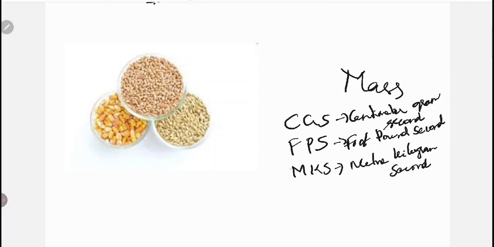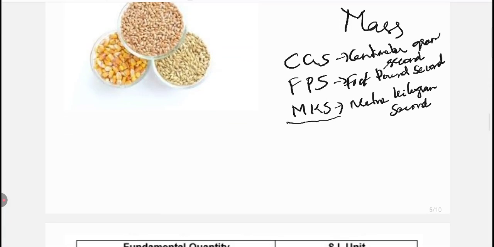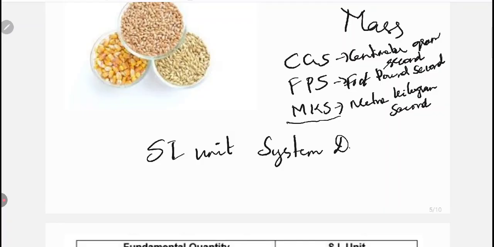So nearly in this place they reached the measurement system that we are following now. All the people, especially the scientists, came to a conclusion that we have to follow common units, and that is mentioned as SI unit, or you can say it as System International.